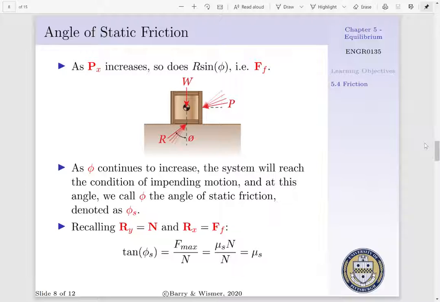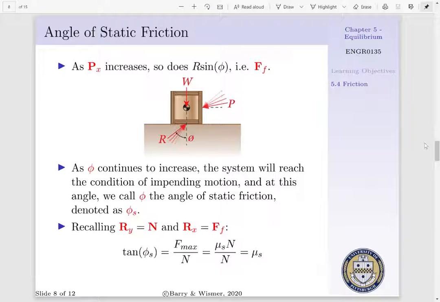That is, as our applied load P has less of a y component, our frictional force is going to have to increase to counteract this applied load. That is, as phi continues to increase, our system will reach the condition of impending motion. That is, F sub F will approach F max. And at this angle, we call phi the angle of static friction, denoted as phi sub s.